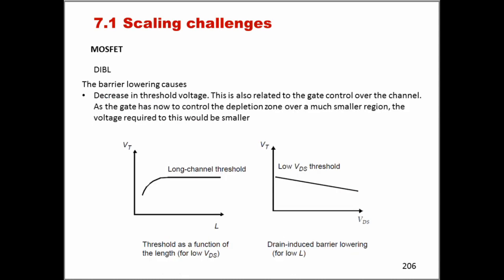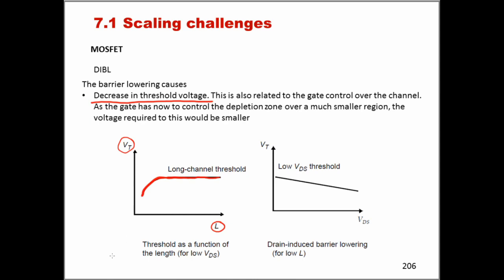Another important effect is the decrease in threshold voltage. This is highlighted here by these two graphs in two ways. So the first graph is showing us that if we were to plot the threshold voltage of our MOSFET transistor against the channel length, we would see that the threshold voltage is constant as long as we are in a long channel transistor. But if we then enter the short channel situation, the threshold voltage will start to drop.